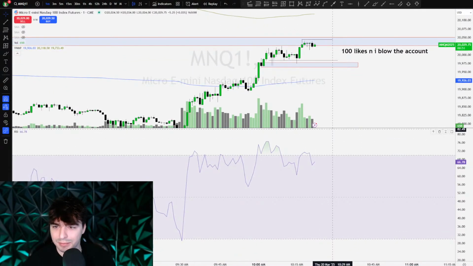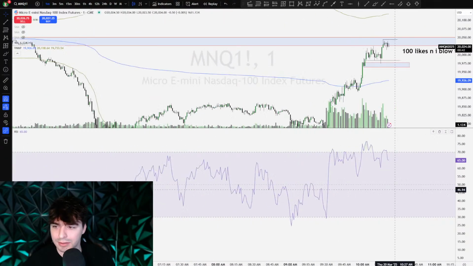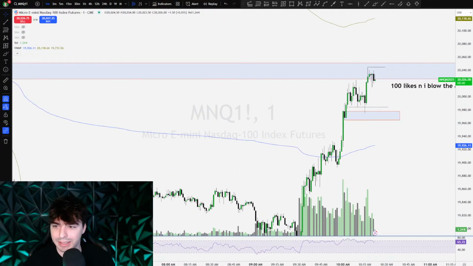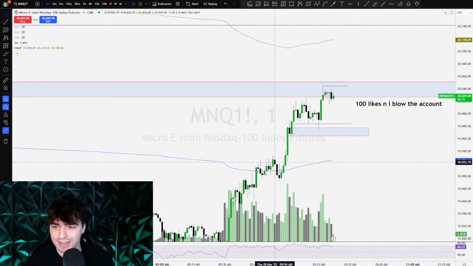RSI is back below. This may have to be a short here. But man, is it scary.